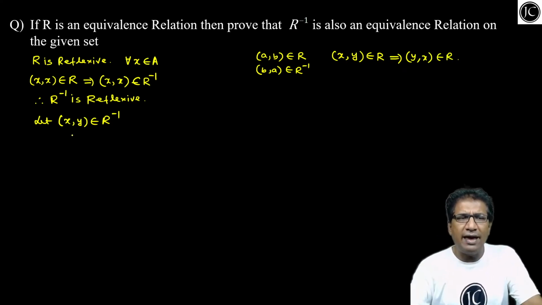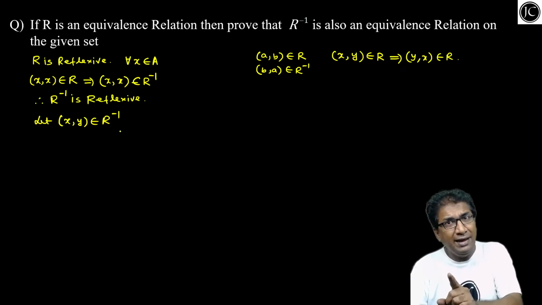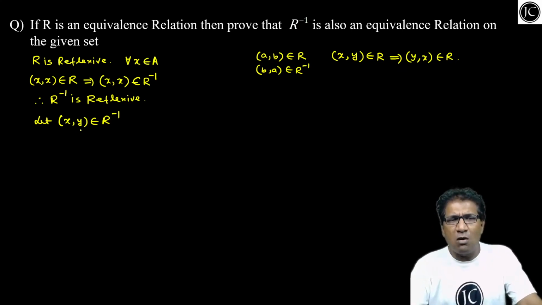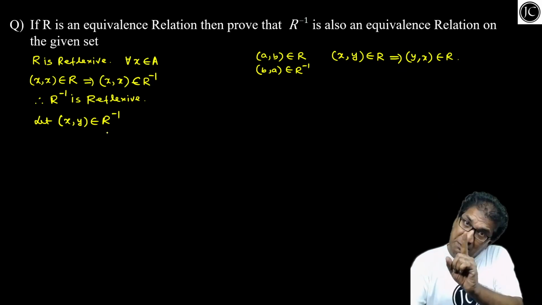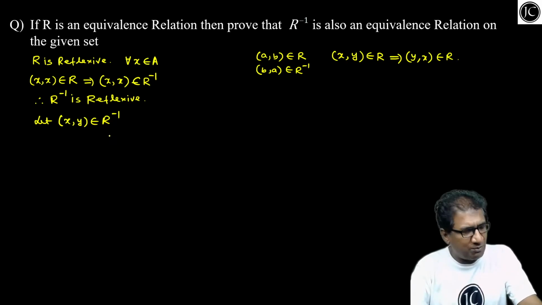Here we have taken (x, y) belongs to R inverse. So what do I have to prove? To prove that R inverse is a symmetric relation, we have to prove that (x, y) belongs to R inverse implies (y, x) belongs to R inverse also.